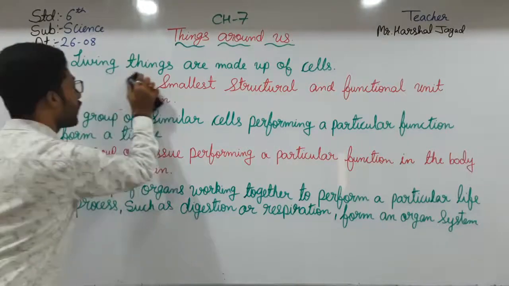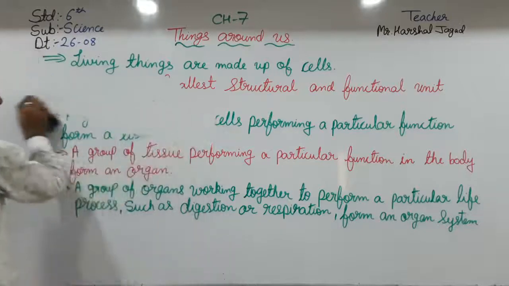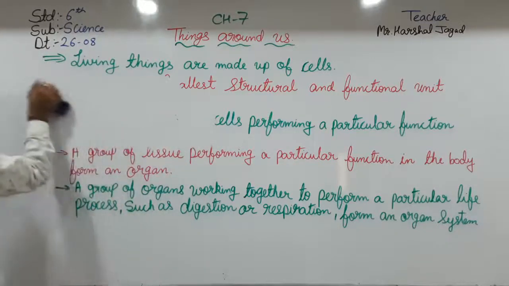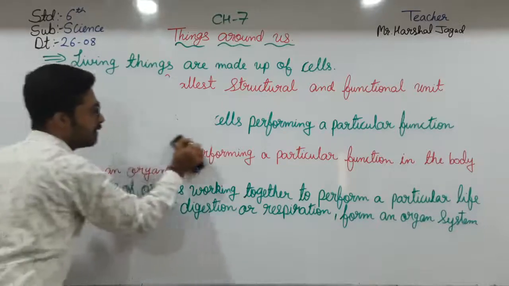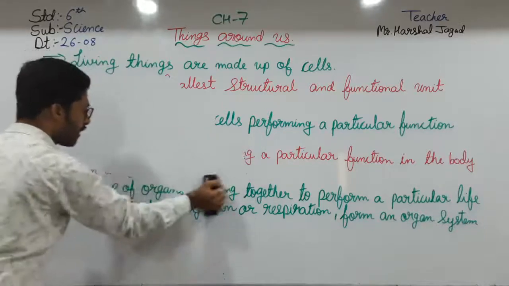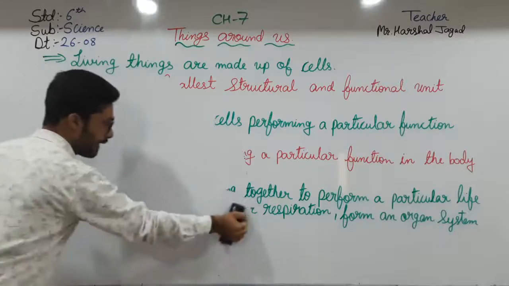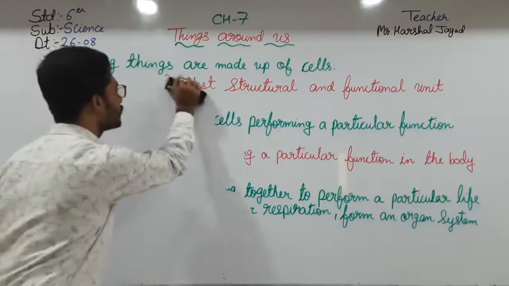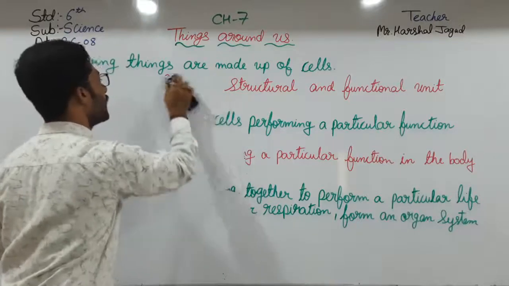Now, talking about cells, the organism is formed in two types: organisms which are of a single cell, and organisms which have more than one cell. Let us see that.